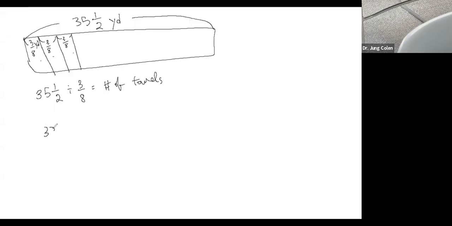Okay, so let's take a look at that. We have 35 and a half divided by 3/8. How can we do the division of fractions? Dividing by a fraction, we can change that to multiplication by what?